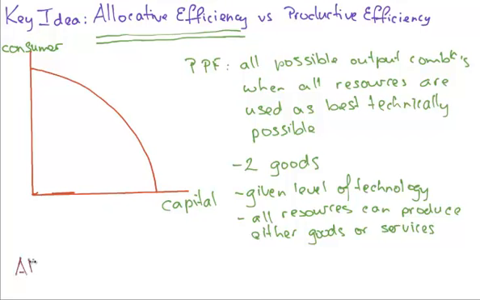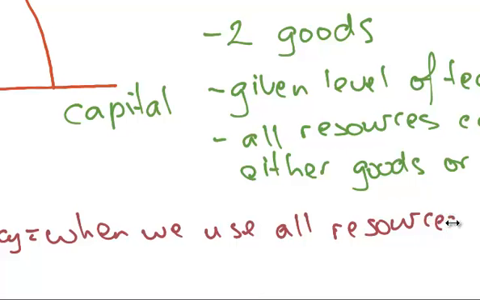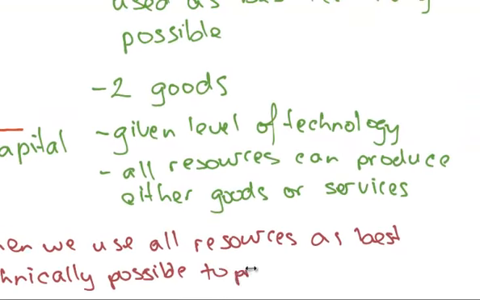Allocative efficiency is when we use all resources as best technically possible to produce what society, or people, or consumers demand.